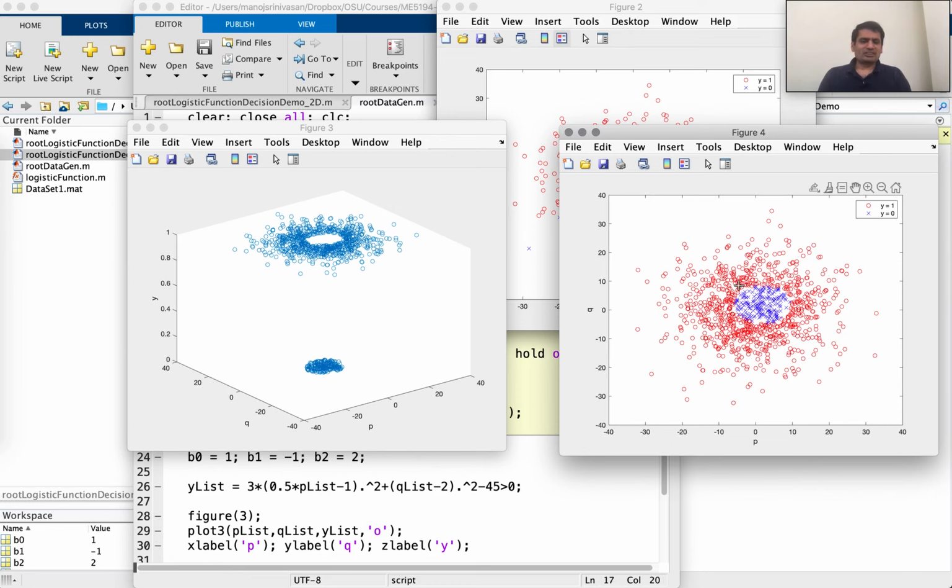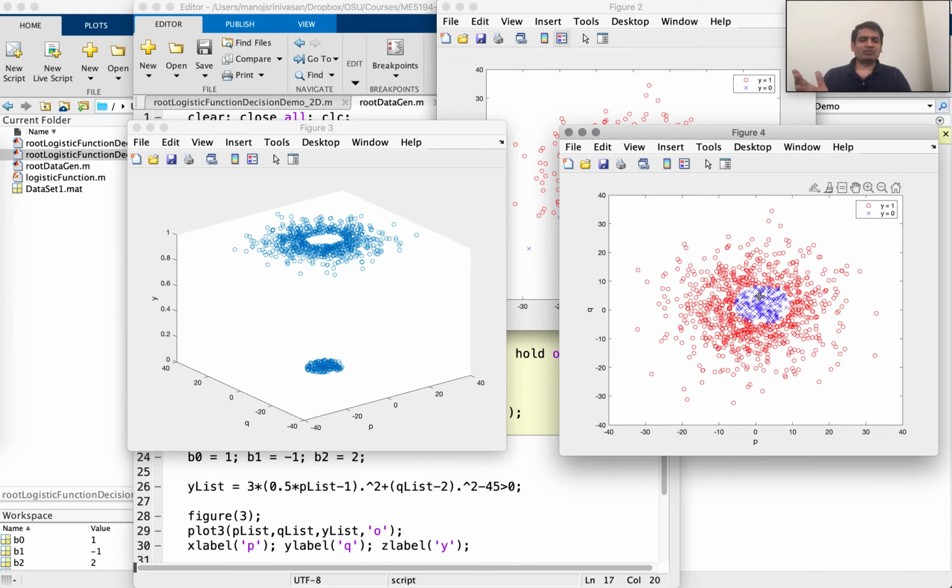We will see motivation for an example where something like this naturally arises. In material failure problems, when the stress state, which is high dimensional, is within a particular region, you don't fail, and when it is outside that region, the material fails. Here, like I said, it's not linearly separable.